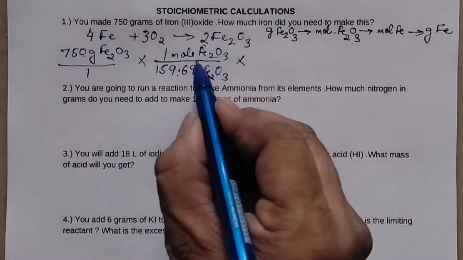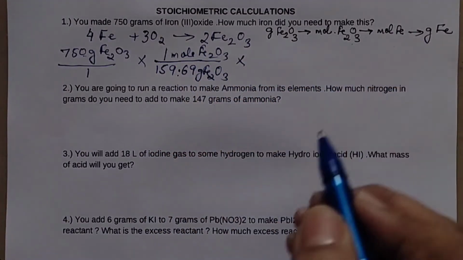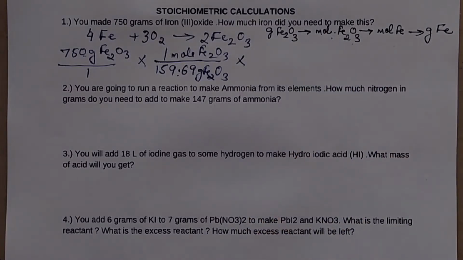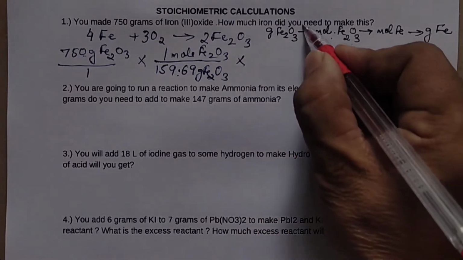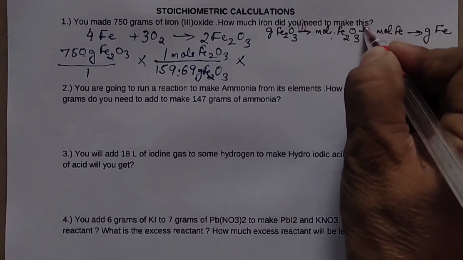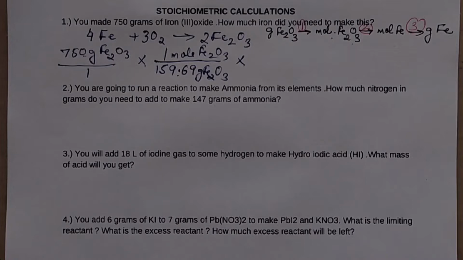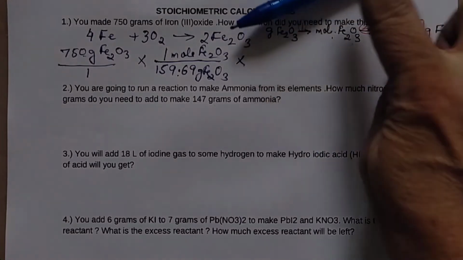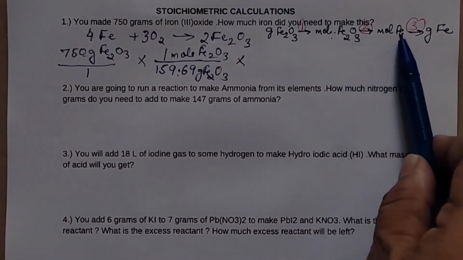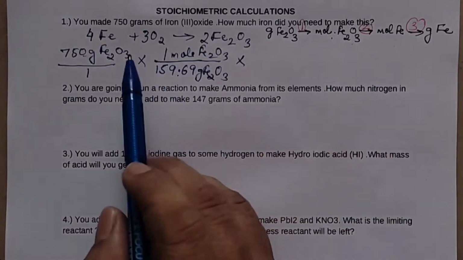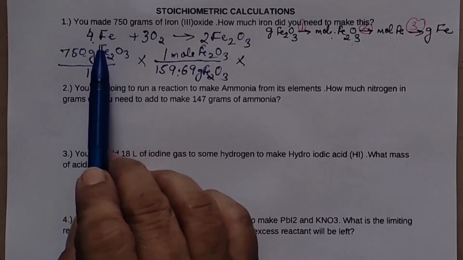Now, to convert this iron oxide to the mole of Fe, this is the one step we have done. So in this first one, total there are 3 steps. Step 1, this is the step 2, and this one is step 3. Right, so step 1 is done. So now we move on to step 2. So how do we convert into mole of Fe? So we need to compare, the mole ratio we have to check.